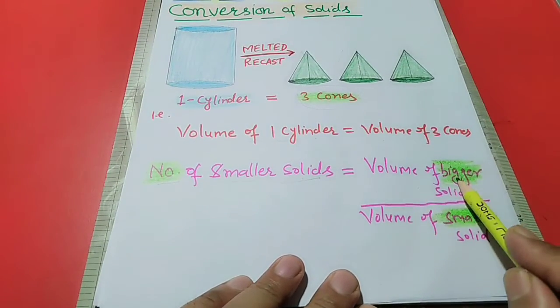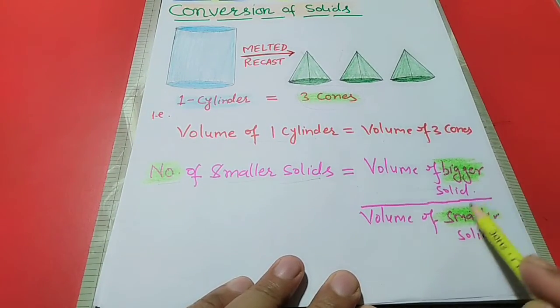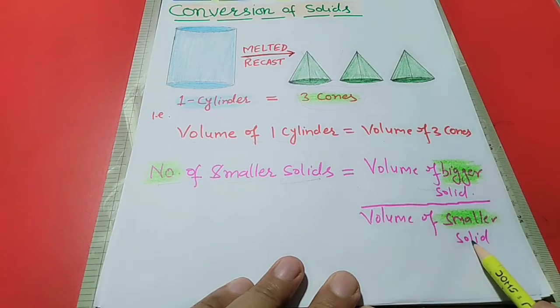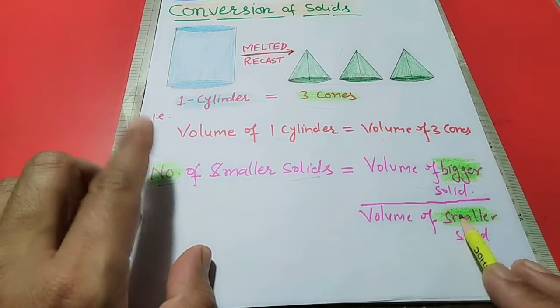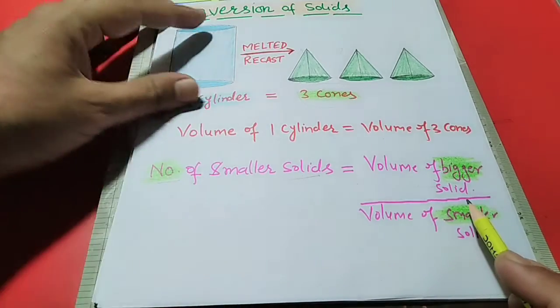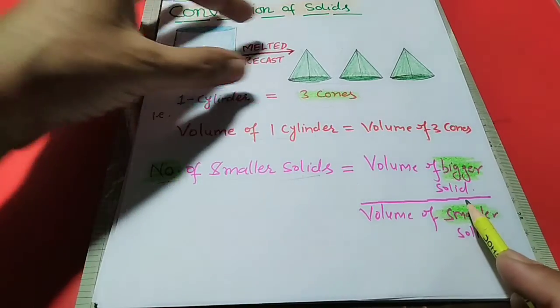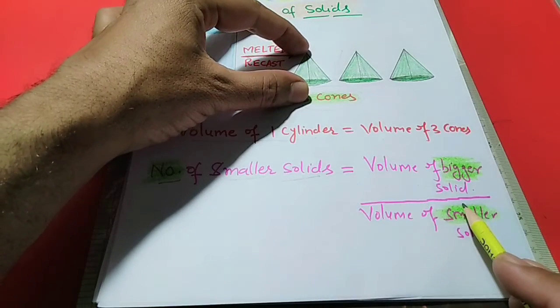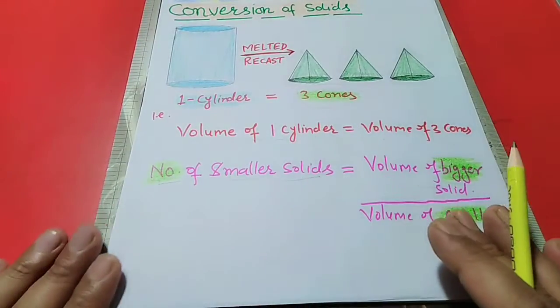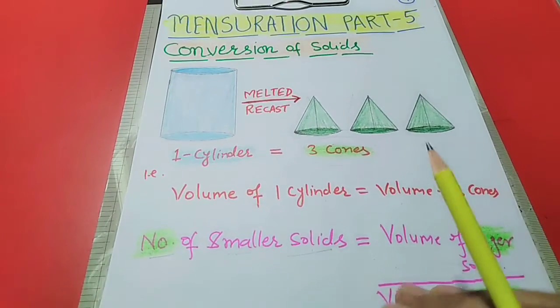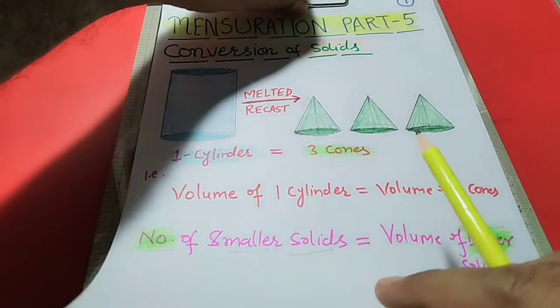Like in this, the volume of the cylinder divided by the volume of one cone will equal 3. So this concept we will use in the questions. This is the theme of the topic.